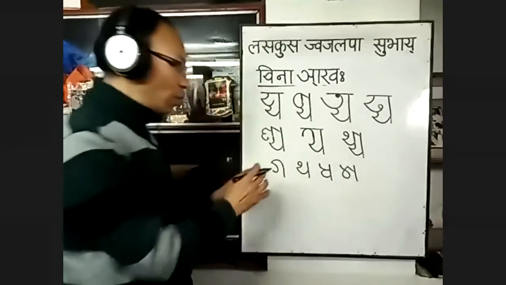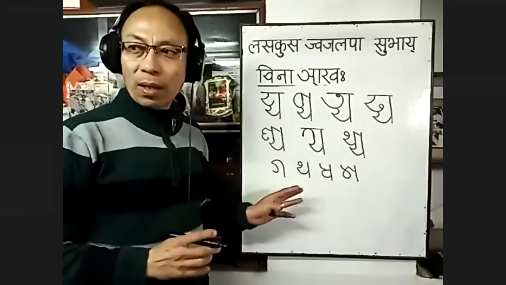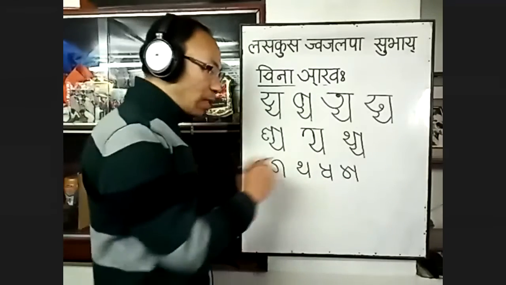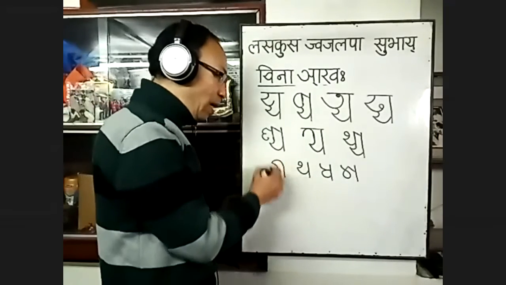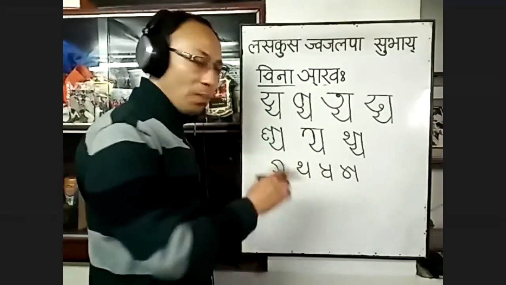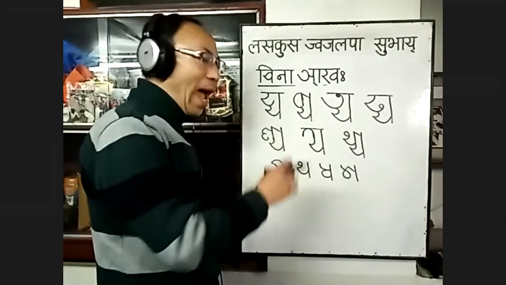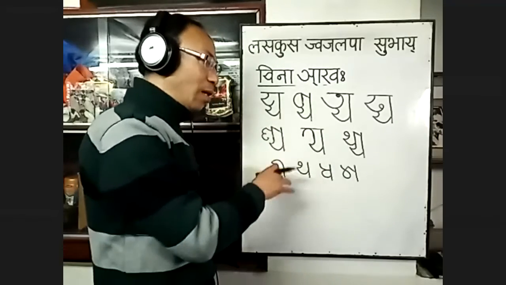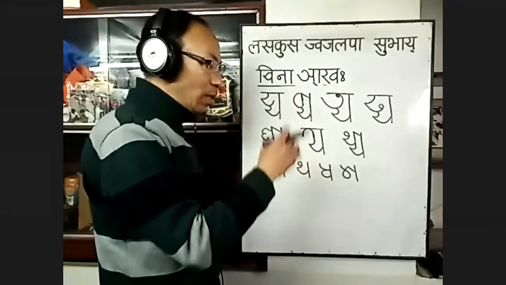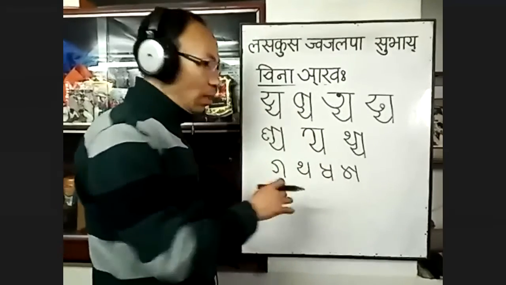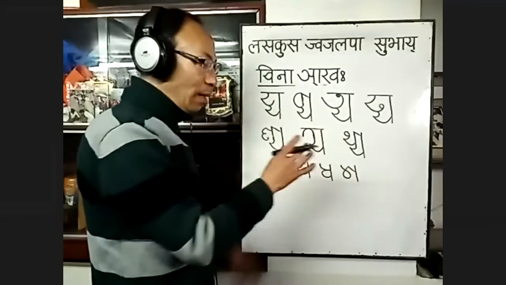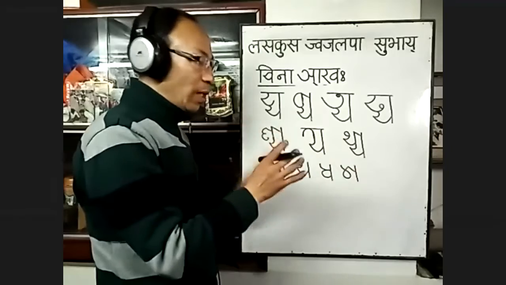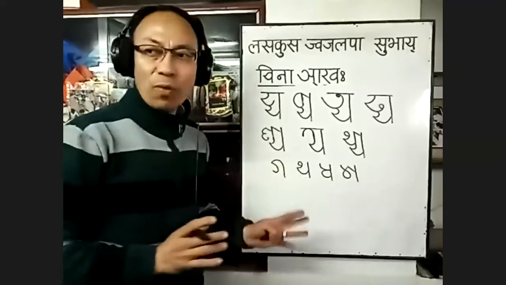It seems it is two lines touching at the mo letters, but it is not; it is regarded as a single line touching at the mo letter. So whenever we add to this letter, or this letter is added to the other letter, it shows the character of a single line touching at the mo letter.